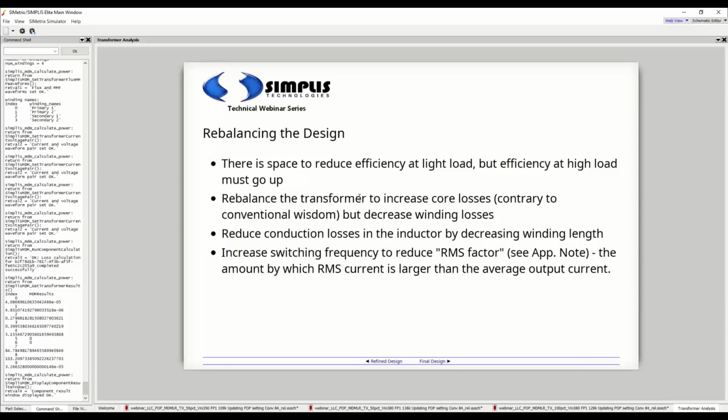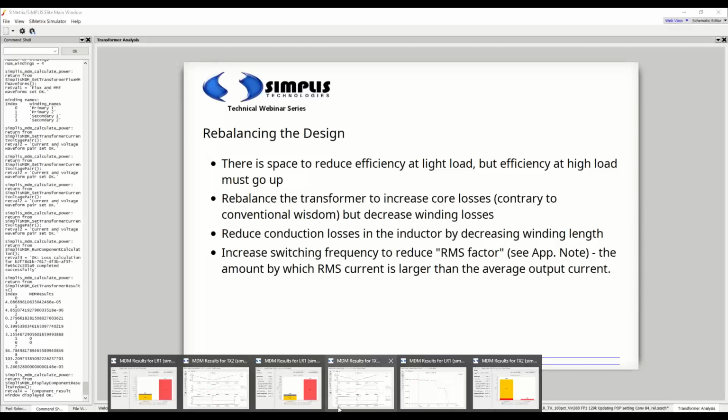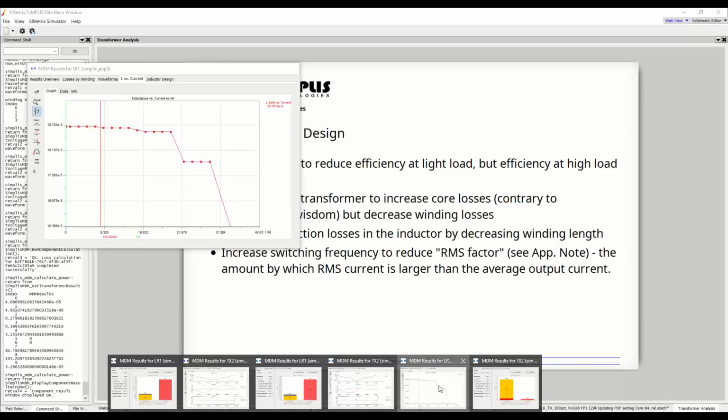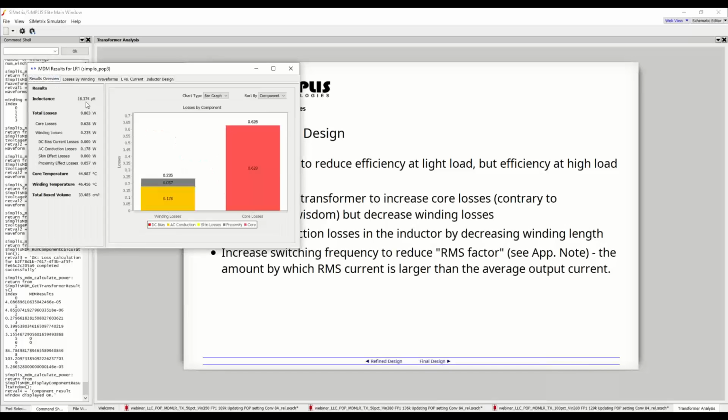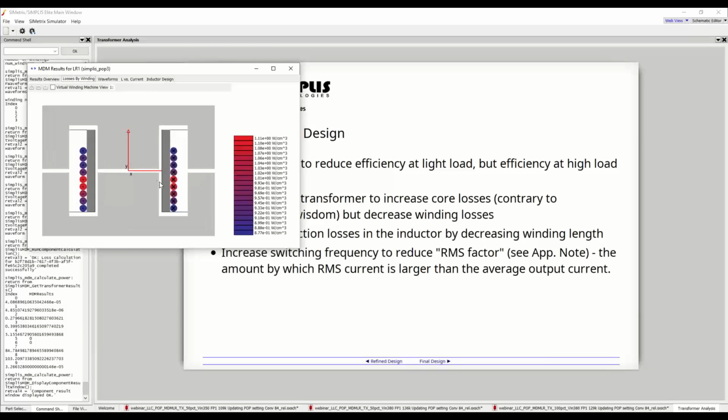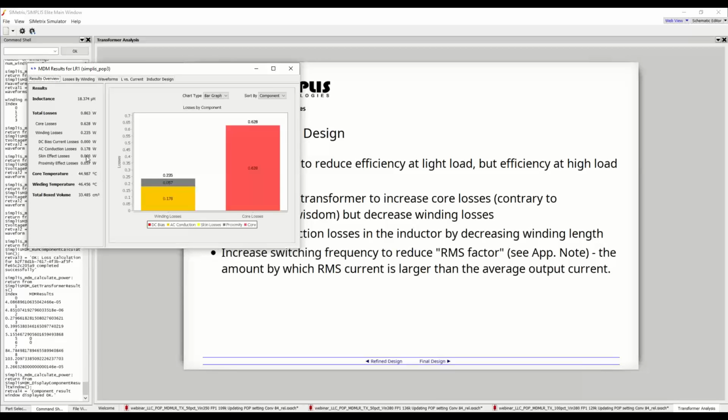We can reduce the conduction losses in the inductor by decreasing the winding length. And what do I mean by that? If we look at the inductor, as I said, the proximity effect, which is why we have this tape here, is not really that big, and the AC conduction loss is much higher.